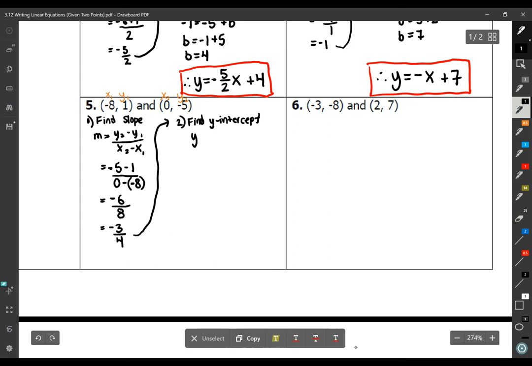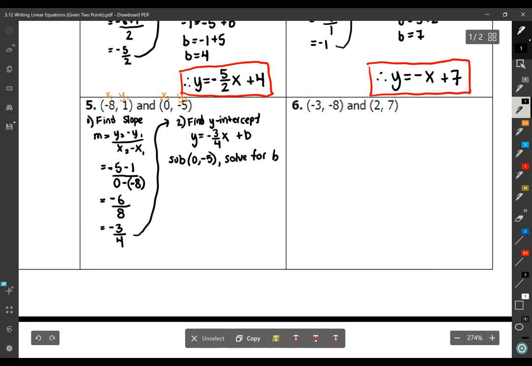So we have our partial equation, right? We have negative 3 over 4 x plus b. We're going to substitute in one of the points. I'm going to substitute in this point. Maybe you guys noticed something already, maybe you don't. So I'm going to substitute this point in and solve for b.